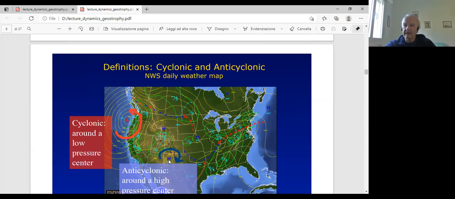Then there is a high pressure. In the case of high pressure, we have a clockwise flow. And here you can see that the pressure gradient is relatively weak with respect to this one. So the flow around this high is much weaker than, for example, here.